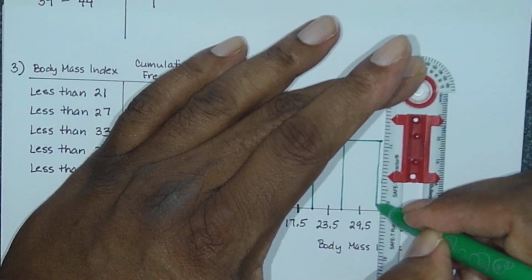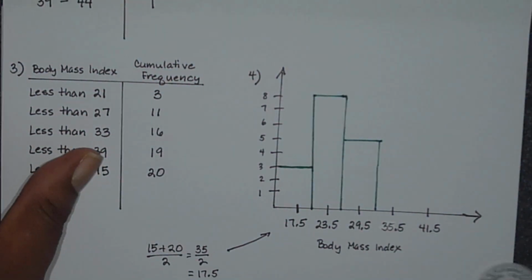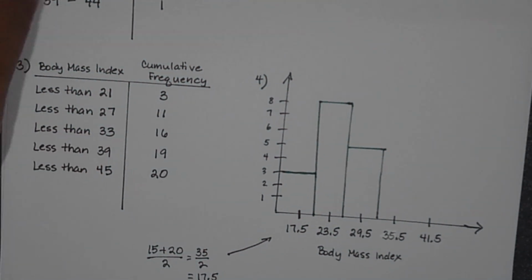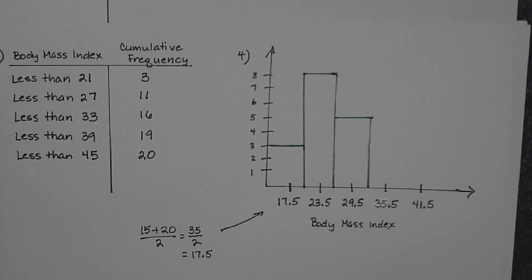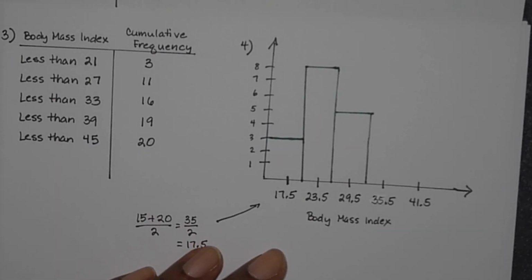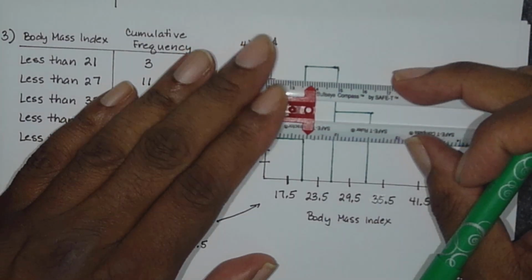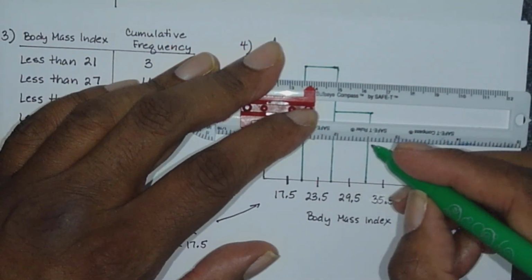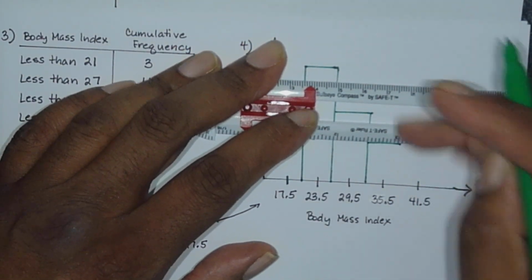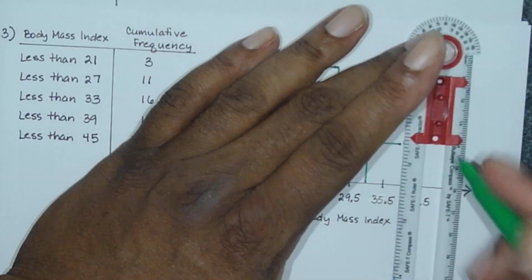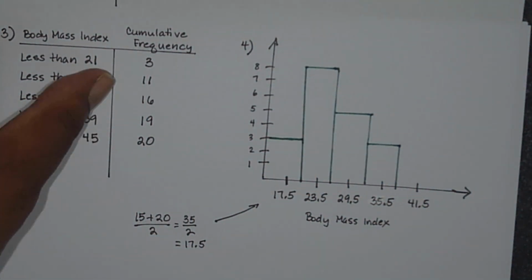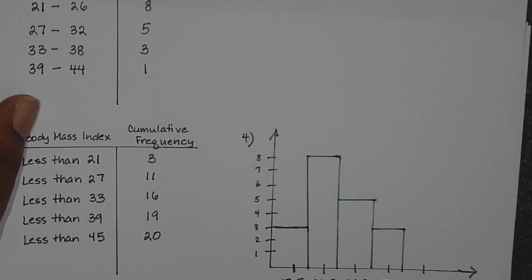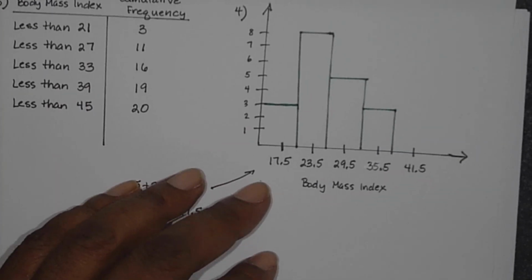And then for the 35.5, that's for the 33 through 38, and this frequency is 3. So it's going to have the same height as the one for the 17.5. And then finally for the 41.5, that's for the 39 to 44, it has a frequency of only 1.